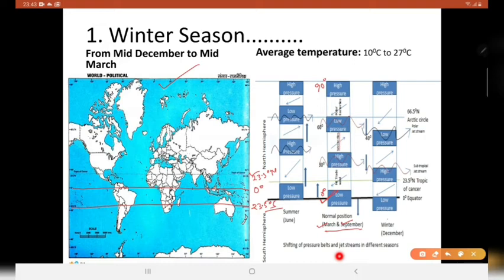But after this, as the sun moves to south towards the Tropic of Capricorn, as happens in the winter season, the pressure belts begin to shift towards south, and so the westerlies also shift towards south. You can see how different pressure belts and westerlies are shifting towards south.